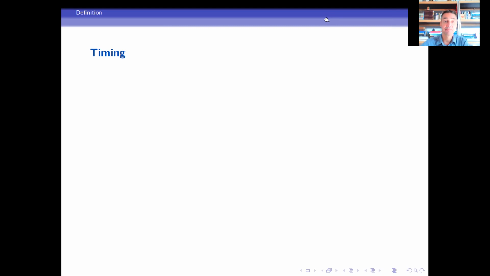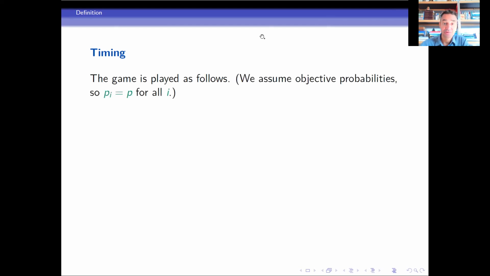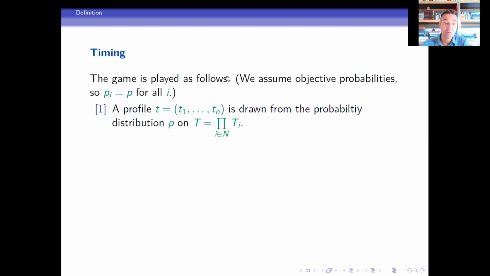So now, how is the game played? Well, it works as follows. First, we have this prior, the P that assigns probabilities to type profiles. And the first thing that happens is that we make a draw from this probability distribution. So we randomly draw a profile of types according to the prior, the probabilities that are specified by the prior.